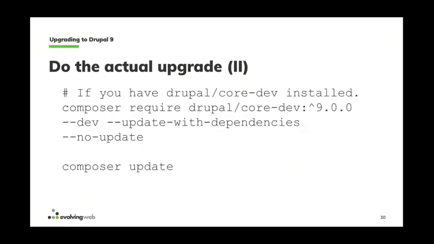This is the moment, pray to whatever you believe in, go and grab a cup of coffee or cup of tea. It will take some time because composer will need to be sure that it can solve all of the dependencies. If it works, you'll have Drupal 9 in your code base now.